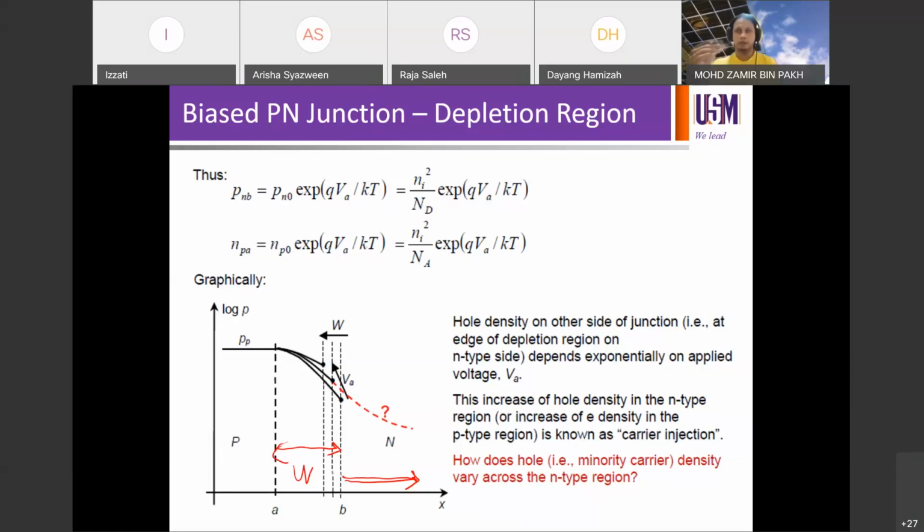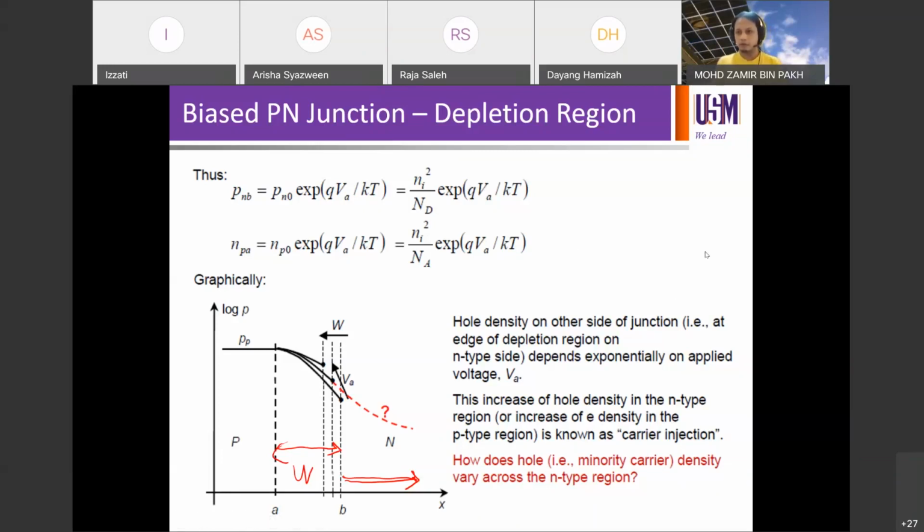Therefore, if you calculate the minority carriers on the opposite side of the depletion region, you will find more and more carriers at that particular point. This is called carrier injection.